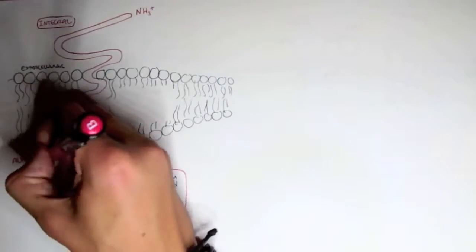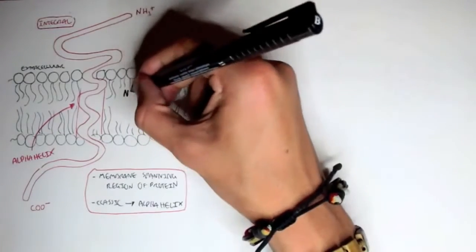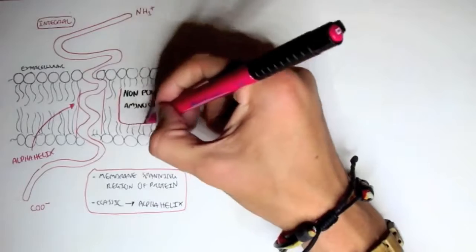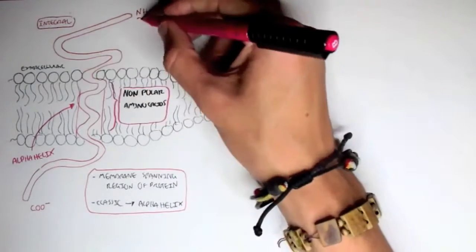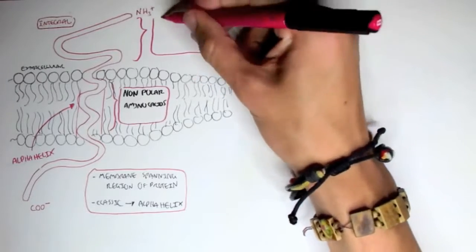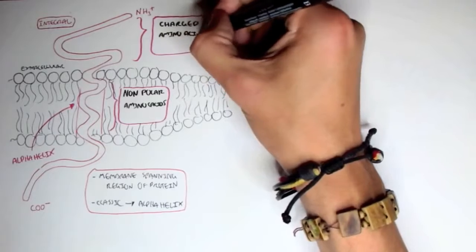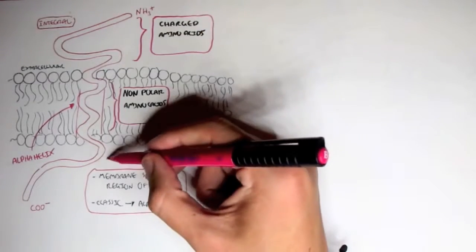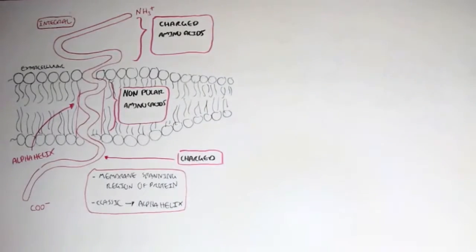This area, which is within the membrane, usually consists of non-polar amino acids because they're usually hydrophobic. And around the outside, such as here, it is charged amino acids because they can be hydrophilic. Same here. This carboxyl section is also charged amino acids.